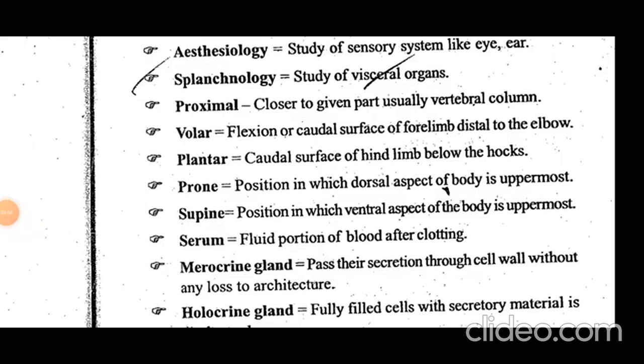If an organ is between the vertebral column and the sternum, we check which it is closer to. If it is closer to the sternum, it is more ventral, and if it is nearer to the vertebral column, it is more dorsal.